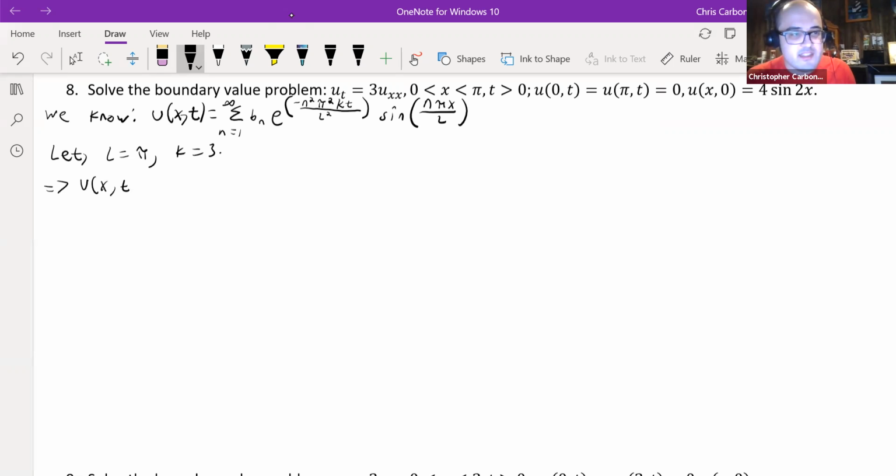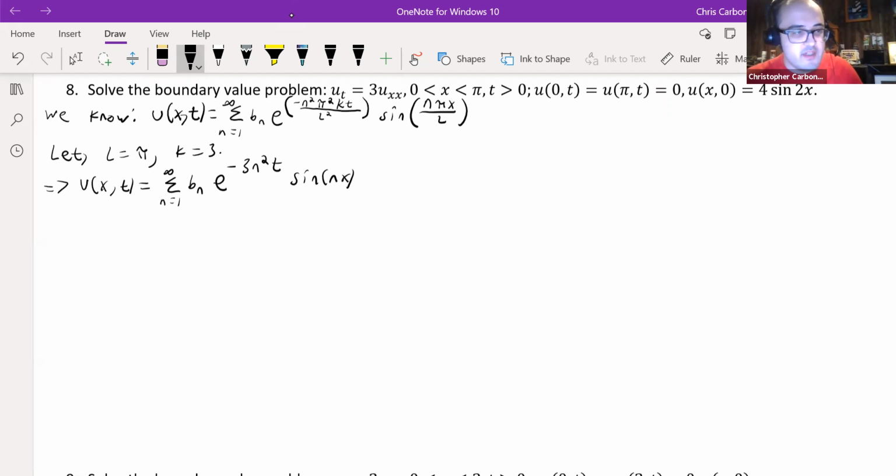U of x comma t is the sum from n is 1 to infinity of b sub n times e to the power of negative 3 n squared t times the sine of nx, which is certainly a much more simplified version of what we previously had.